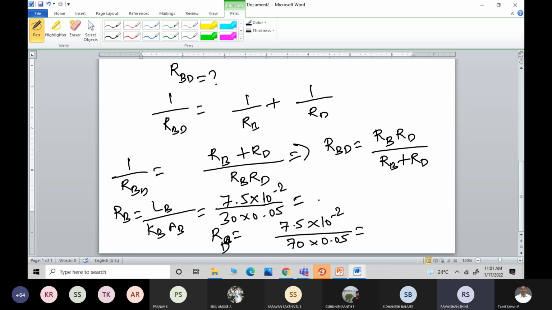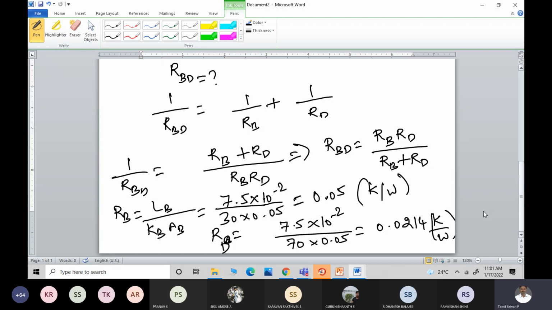RB is coming as 0.05, and RD is coming as 0.02143. Is it fine, students? All of you please check. Yes, sir, I'm getting the same values, 0.05 and 0.0214.